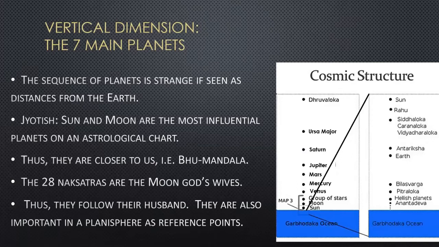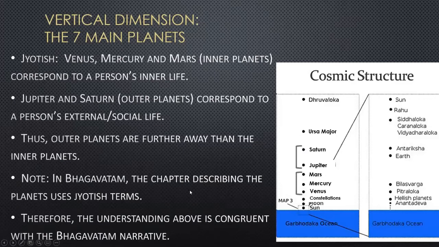But what about the other planets? Well, if we look at the other planets, such as Venus, Mercury, and Mars, they are said to be the inner planets, and they correspond to a person's inner life. While Jupiter and Saturn correspond to a person's external or social life. So the outer planets, Jupiter and Saturn, are further away than the inner planets, because the inner planets are closer to us in terms of the inner life.